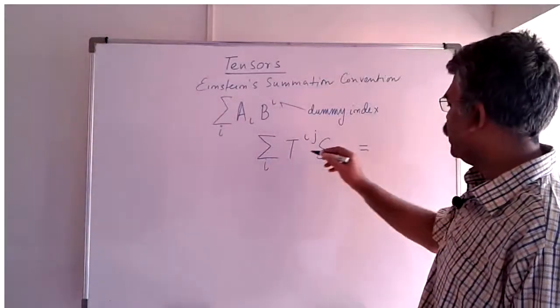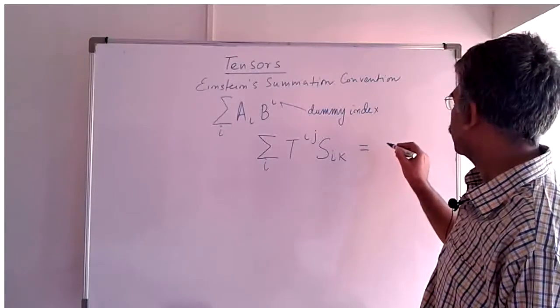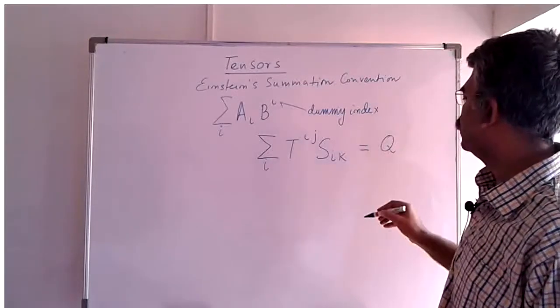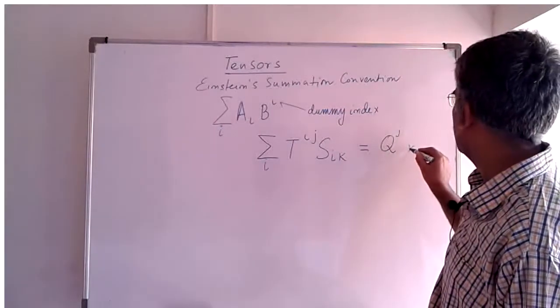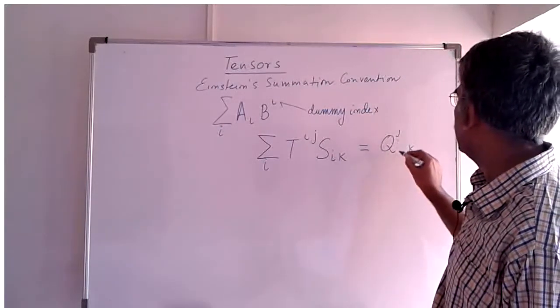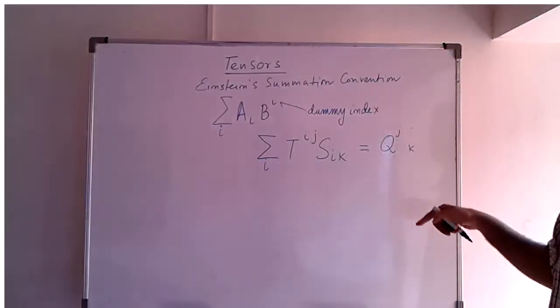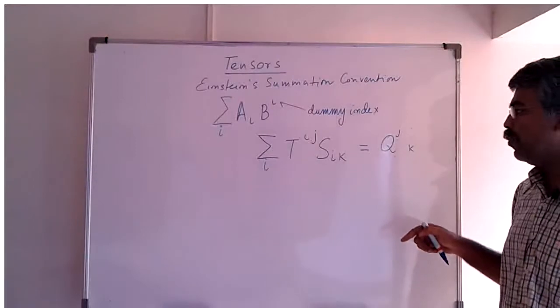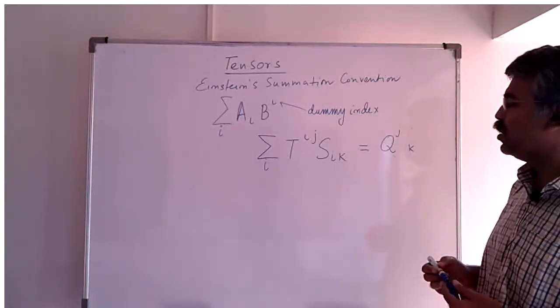So the resultant tensor will be some tensor, say Q, will have a superscript j and a subscript k, and the positions must be left intact so that they can go up and come down. Okay, and I am talking of Einstein summation convention.